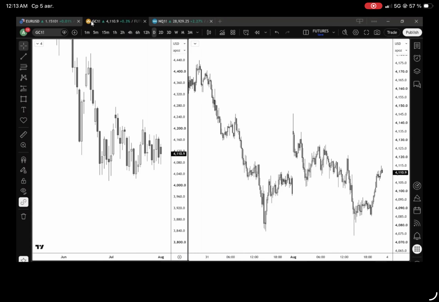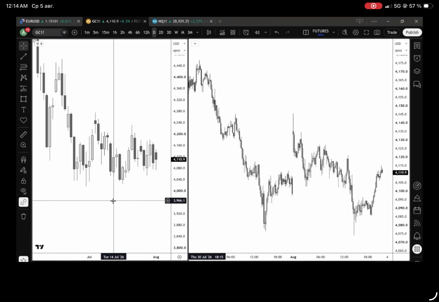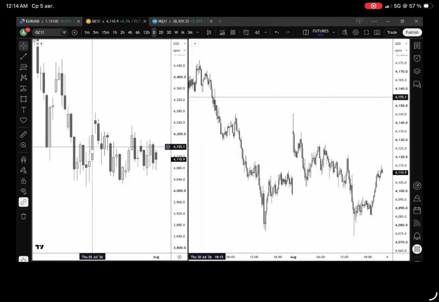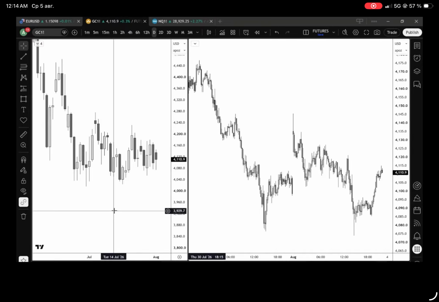Now I am using the futures chart. If you trade XAUUSD on the CFD, then I would recommend you use the XAUUSD chart. But because I trade gold futures, I am using GC.